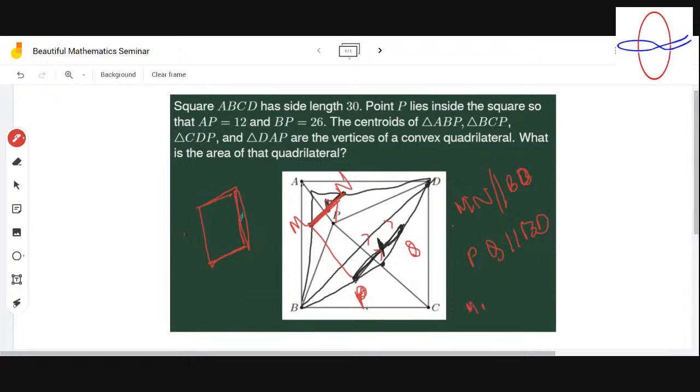Therefore, MN must be equal to PQ in length. Similarly, MP must be equal to NQ in length. So my question is, is it a rectangle or a parallelogram? All of you understanding this? So it's a parallelogram. Now what's next? How will you approach this next?